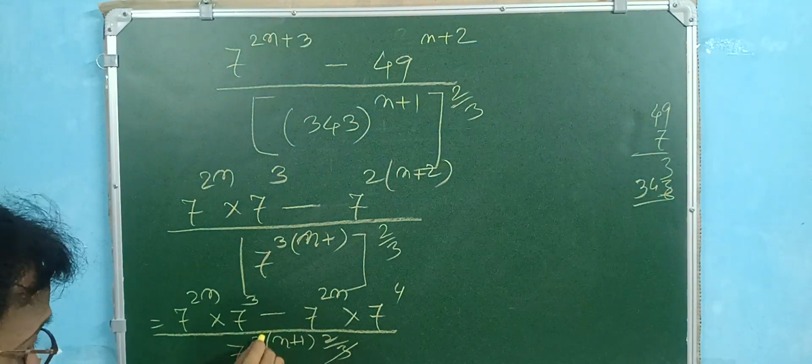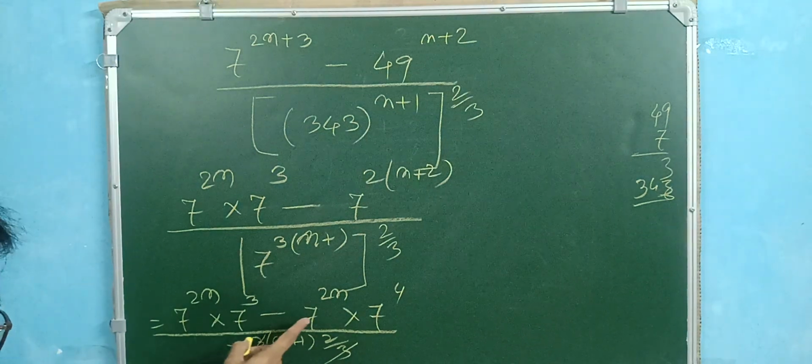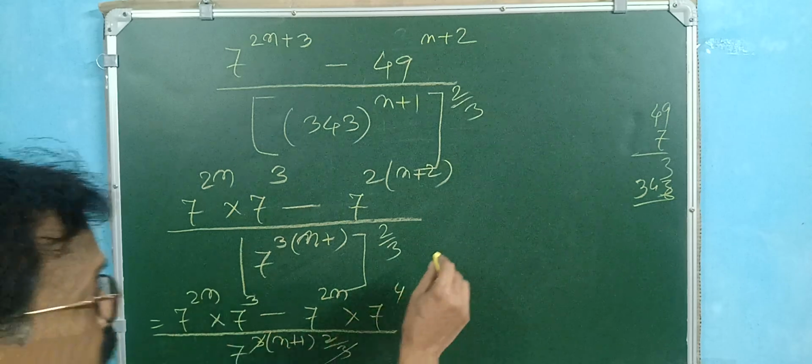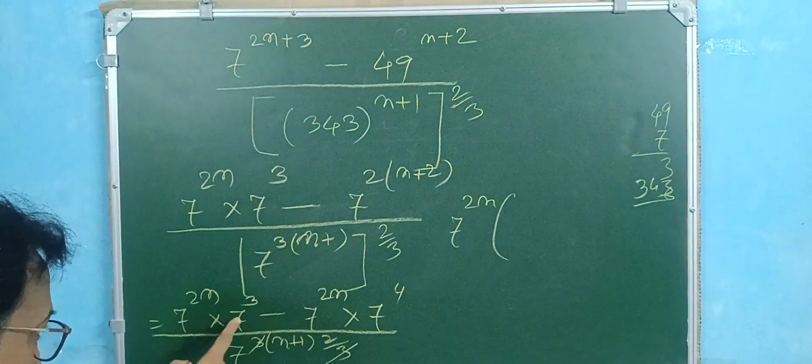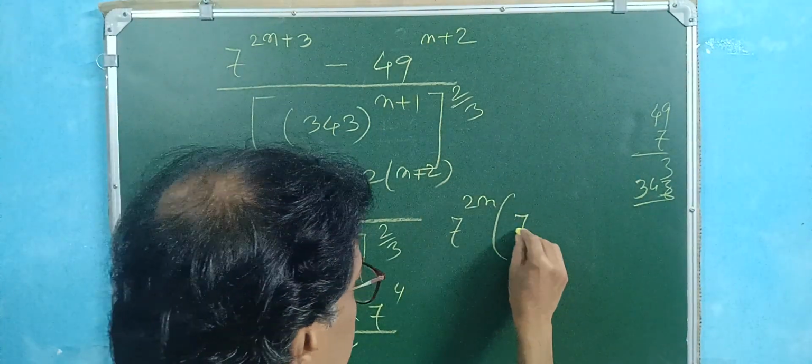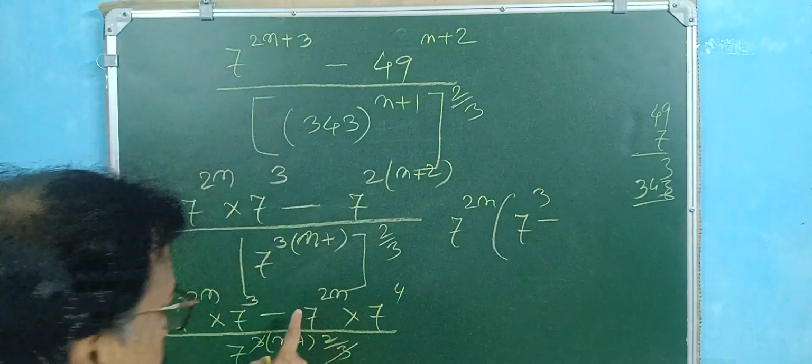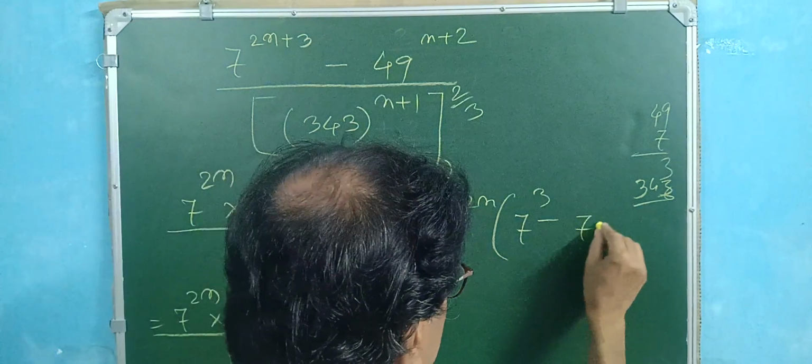Now this 2 by 3, 3 is cut. Okay, here 7 to the power 2n is common. What is left? 7 to the power 3. Okay, minus, here 7 to the power 4 is left.